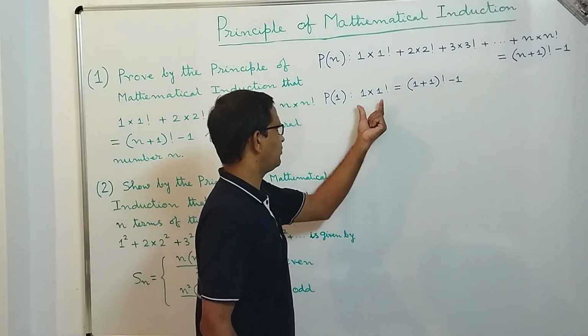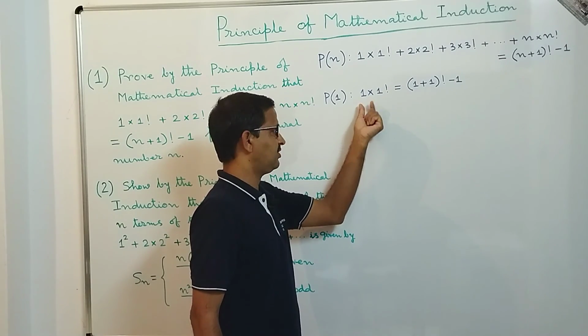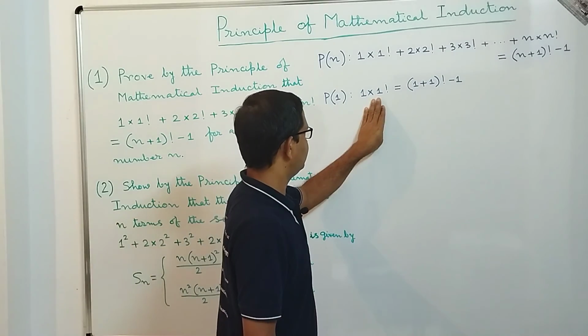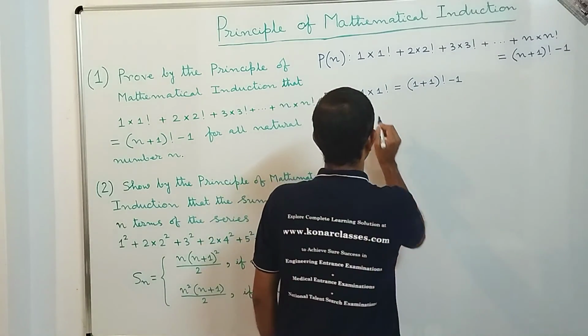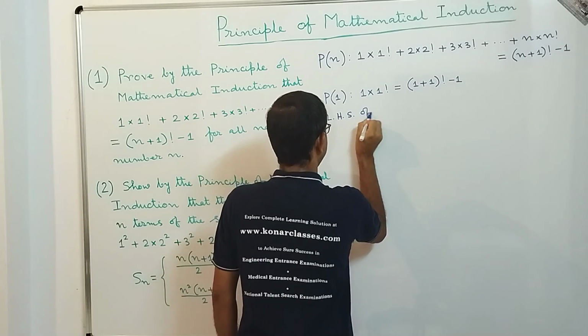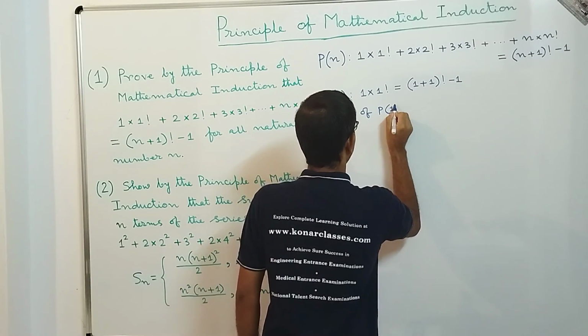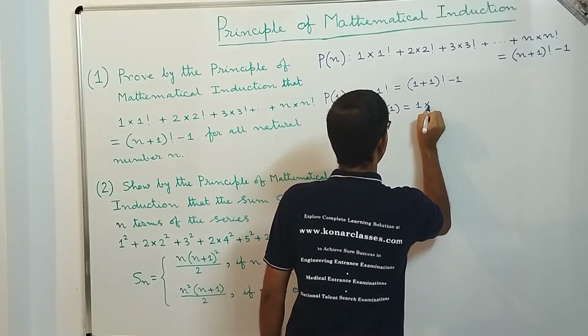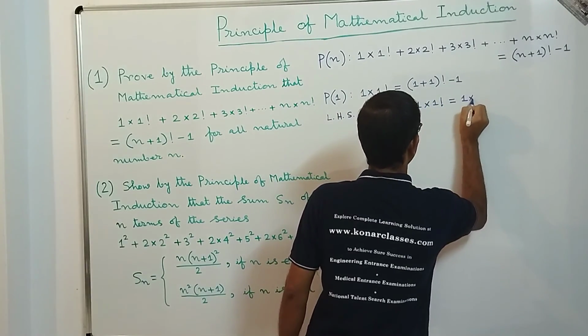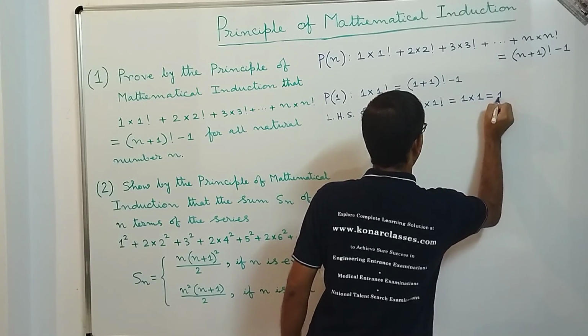The left hand side of P1 is equal to 1 into 1 factorial. We know that 1 factorial is equal to 1, so 1 into 1 is equal to 1.